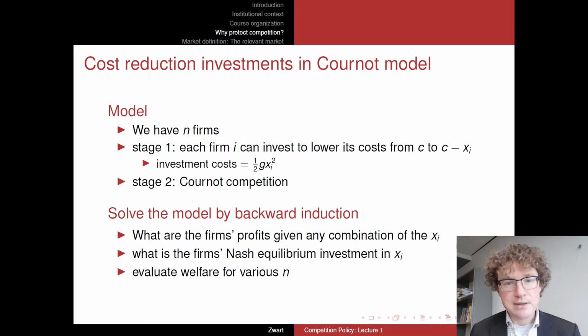And when we know those profits in the second stage, we can then step back, do the backward induction, go to the first stage and see what are the incentives of these firms to invest in their cost reduction levels x, and in other words, finally, what's the Nash equilibrium for those investments in x. And once we know that, we can evaluate what are the welfare consequences of that level of investment in cost reduction and subsequent Cournot competition in that market.